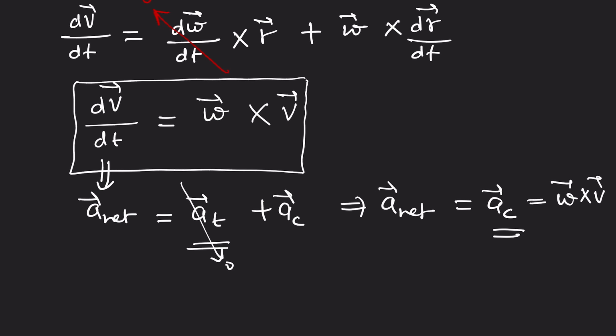So this relation is not a general relation. It is only true for uniform circular motion. That you should keep in mind. It is not true for any general circular motion. It is only true for uniform circular motion, okay. I hope you're getting my point.